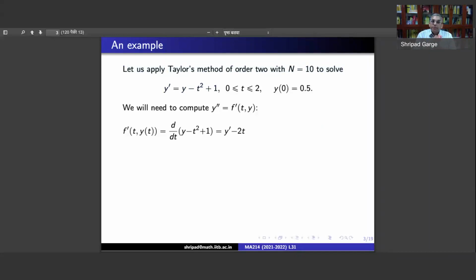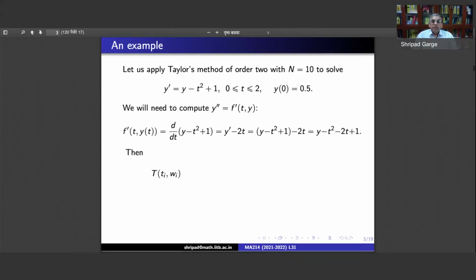This is the f prime, or this is y double prime, but we can simplify it further because y prime is already given to us, which is y minus t square plus 1. So we put that value of y prime, subtract 2t further, and finally we get y minus t square minus 2t plus 1. This is the quantity y double prime or f prime of t, y, if you wish.